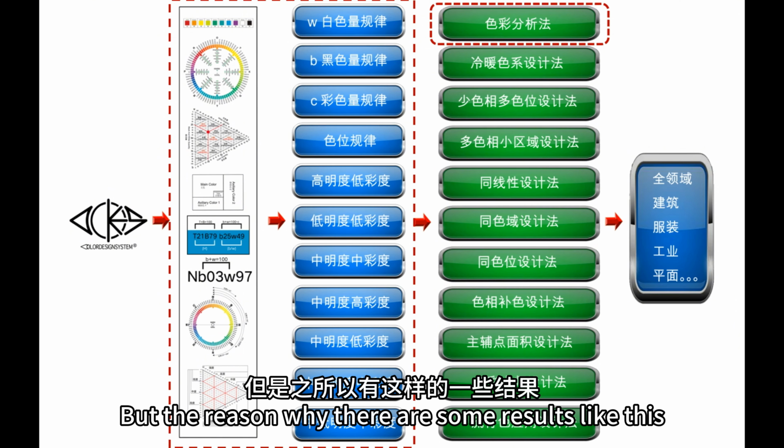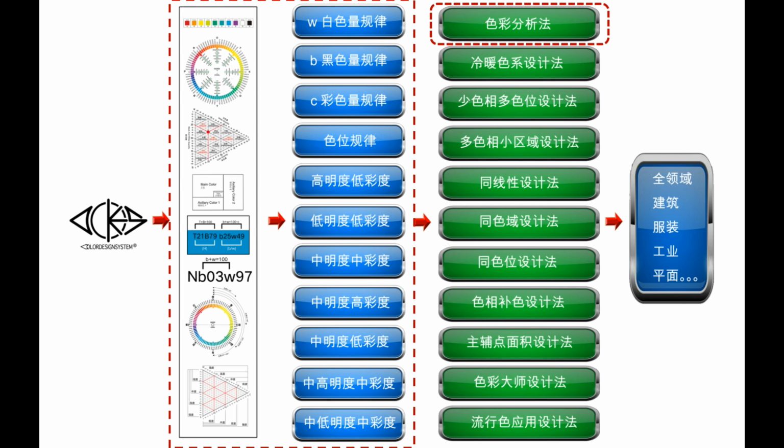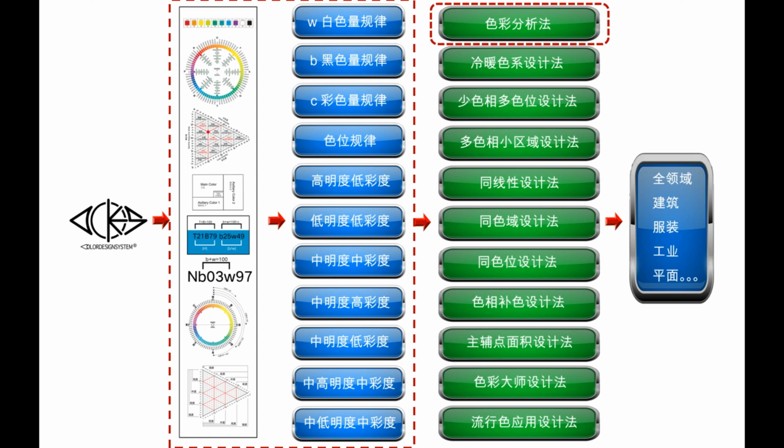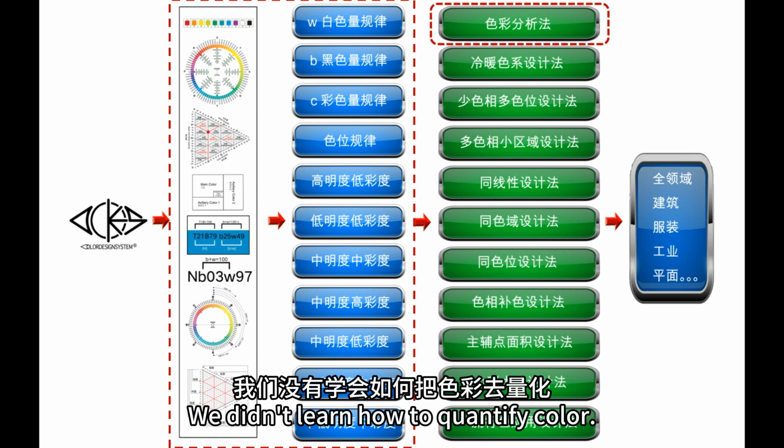The reason for results like this is just that we do not have a unified language of color cognition and communication. We didn't learn how to quantify color.